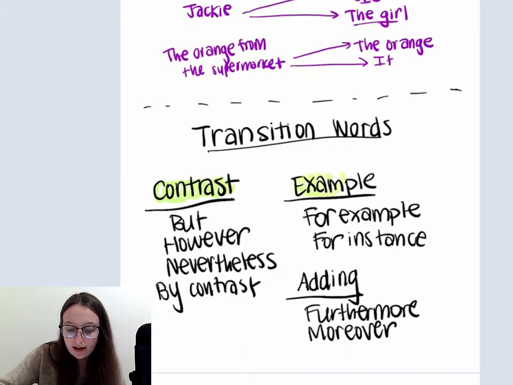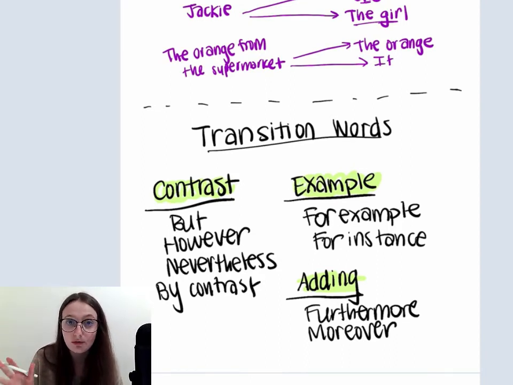If we have one of the example words, we need to make sure that we put that after we've made a general claim, and at this point we're providing an example. And for any of these addition words, we need to make sure that we're adding a relevant point to a point that is related that we've already made. So of course, this is not an exhaustive list. The point is just that using transition words is a really great way to secure getting the answer correct for these sentence movement questions.